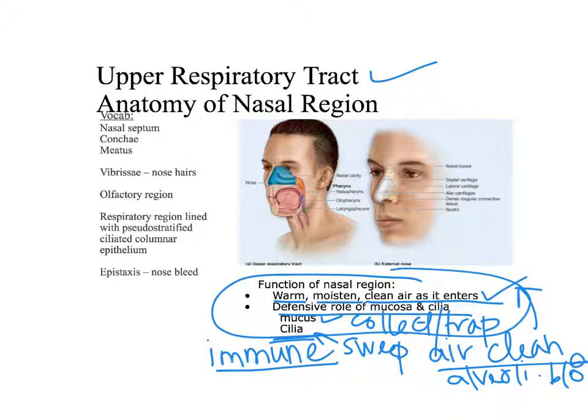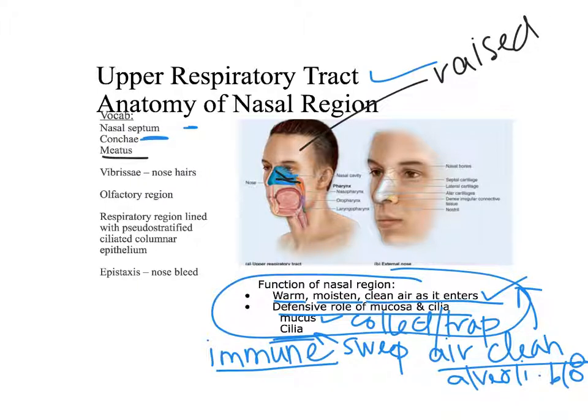Now nasal septum, that's the tissue in between the two nostrils. The concha are these raised parts, and I probably said it wrong, the conchi. So these are the raised parts in the nasal cavity, and I have a better picture in a minute.